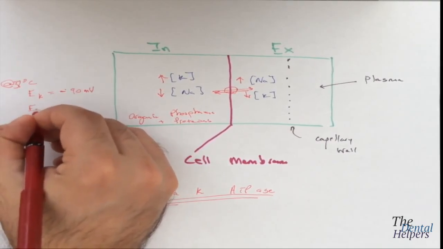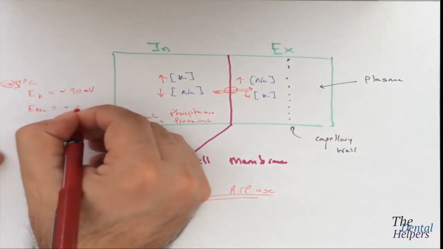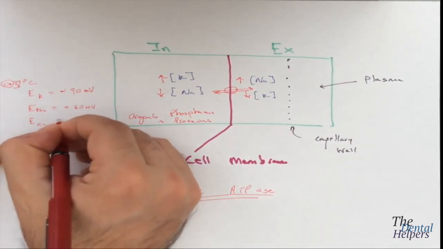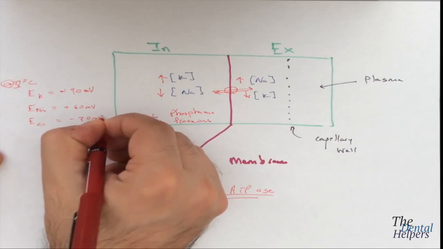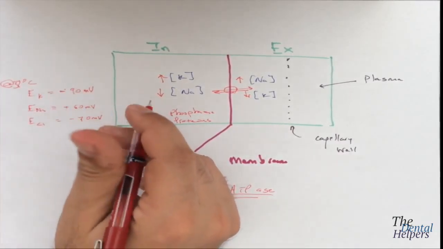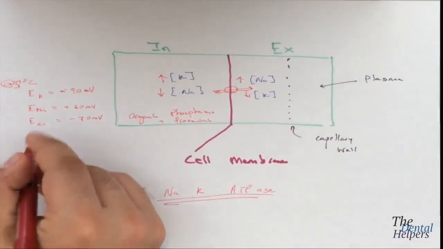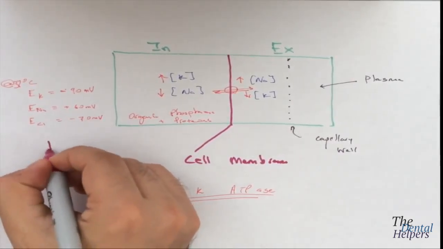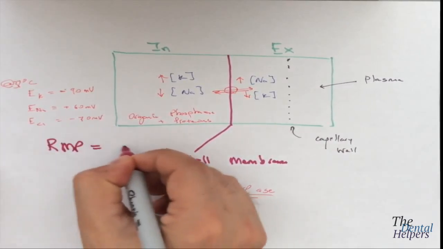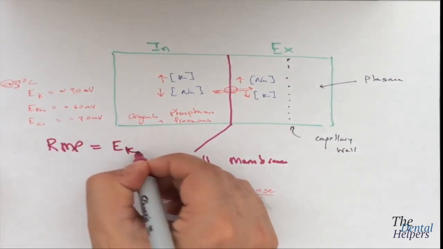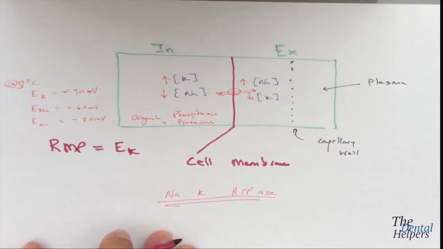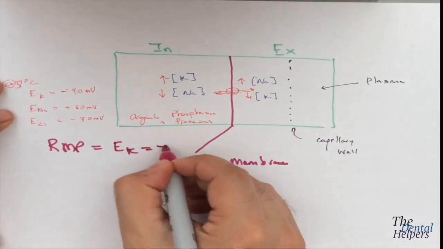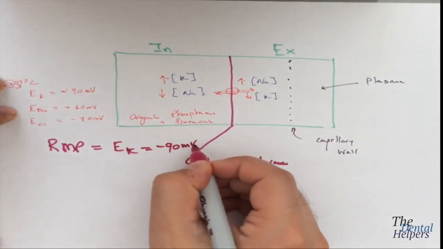For sodium, it's going to be positive 60 millivolts, and for chloride ions, it's going to be negative 70 millivolts. And we're going to get into why these numbers are important. And another thing to remember is that the resting membrane potential is going to be equal to the equilibrium constant for potassium. So we expect it's going to be about negative 90 millivolts.